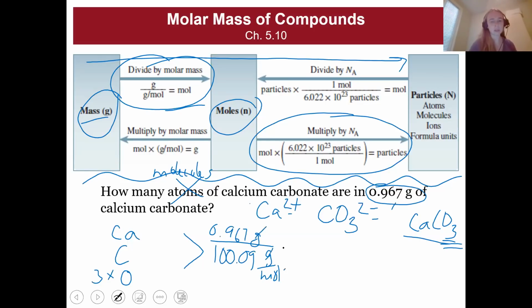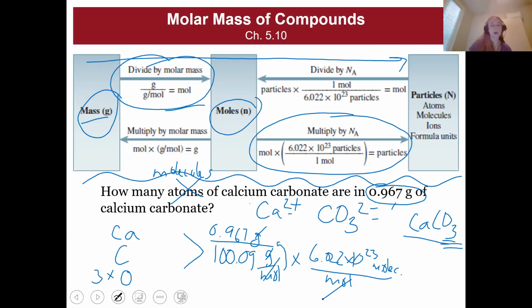That's going to come up to the numerator. And then with moles, we're going to multiply by Avogadro's number, 6.022 times 10 to the 23rd. And that's going to be molecules in this case per mole. And then moles are going to cancel out. So 0.967 divided by 100.09 times 6.022 times 10 to the 23rd molecules.